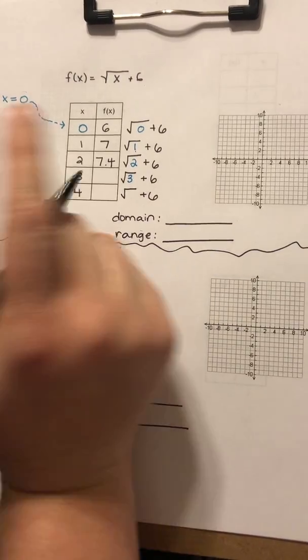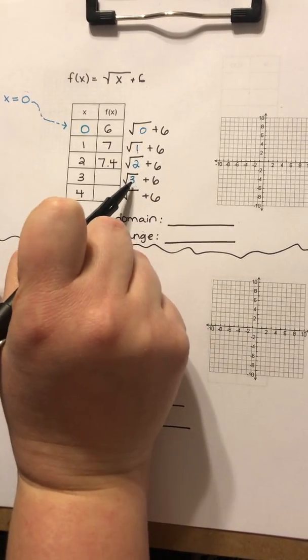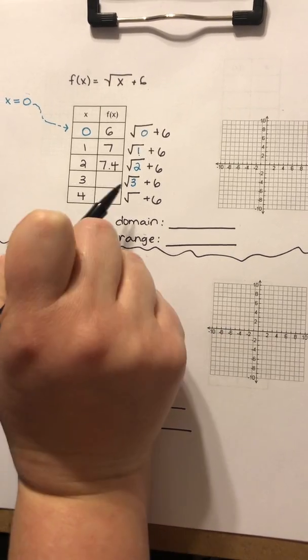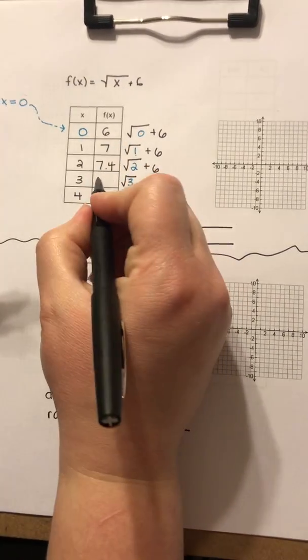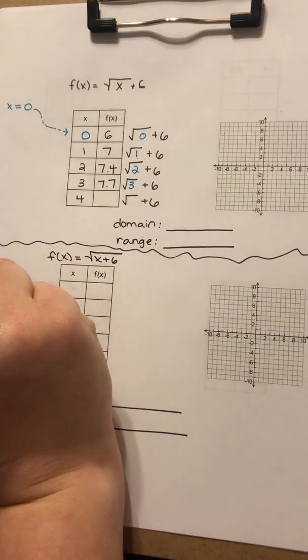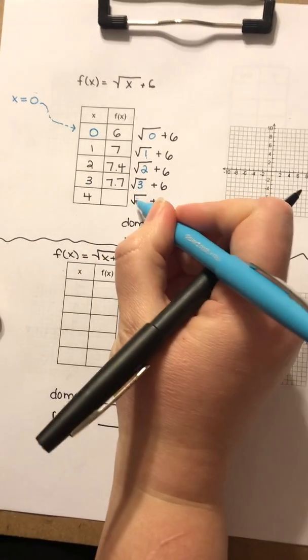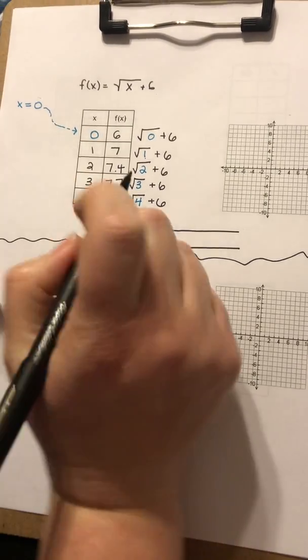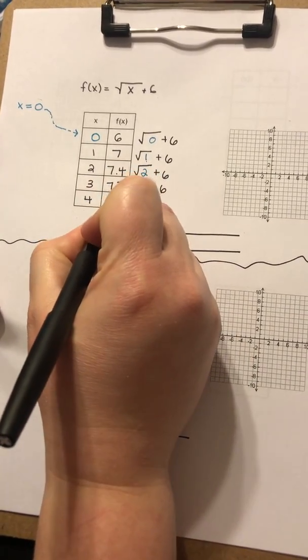If we plug in 3 and take the square root of 3 in our calculator, we're going to get approximately 1.7. And we're going to add 6 to that, so we'll get 7.7. And lastly, if we plug in 4, square root of 4 is 2. So 2 plus 6 is 8.